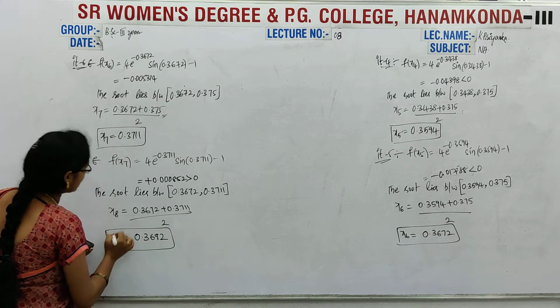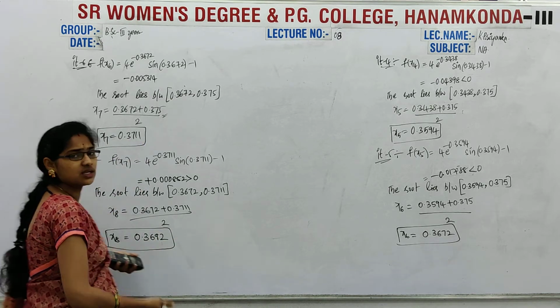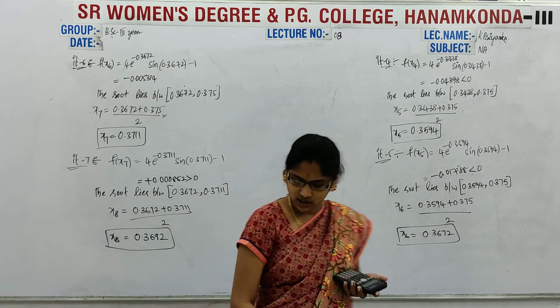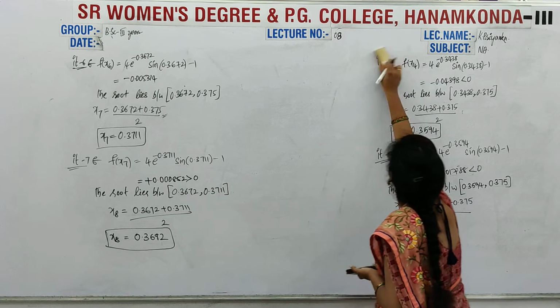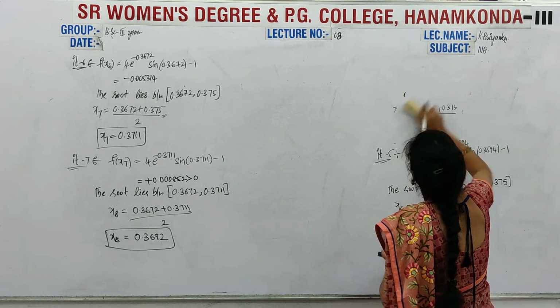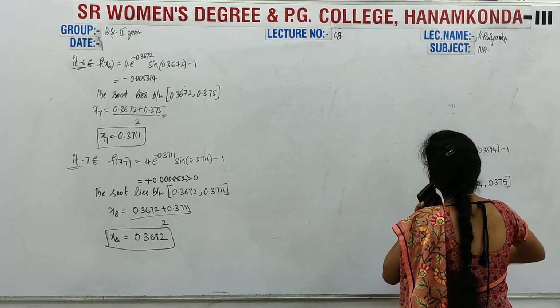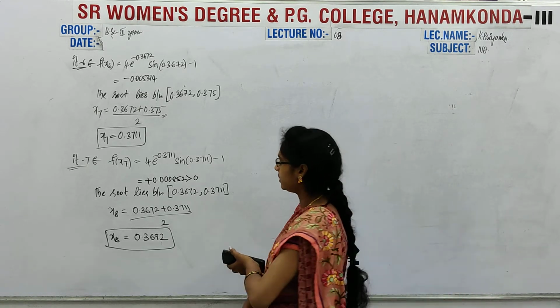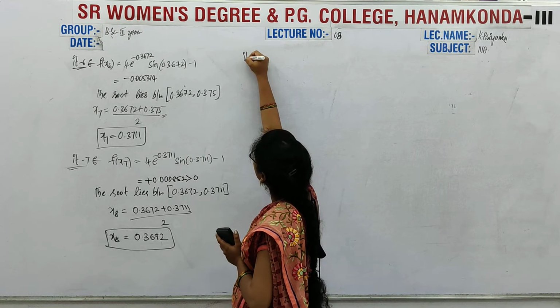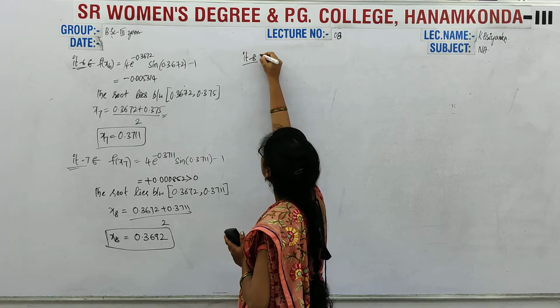Now compare with x7. 0.3711, 0.3692. Of course it is near value but not exact. So that's why again we have to go for the next iteration. At least we have to get the 3 digits the same, because they mentioned that up to 3 decimals. Now iteration number 8.